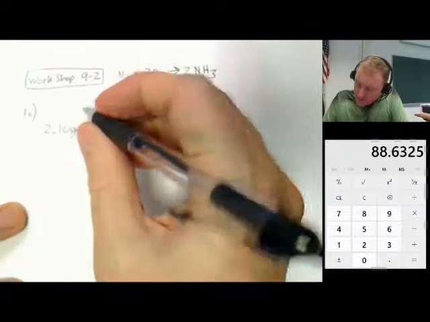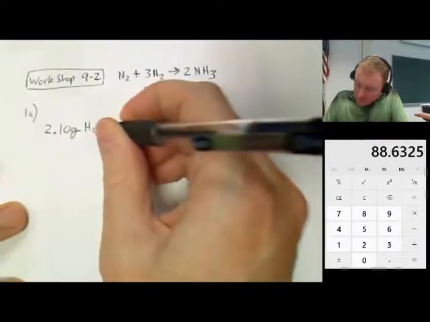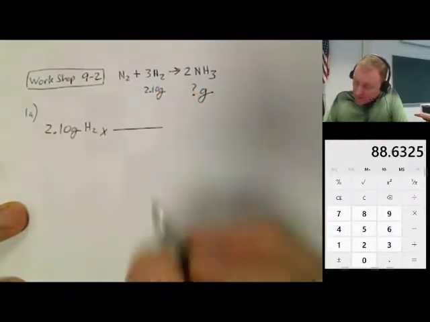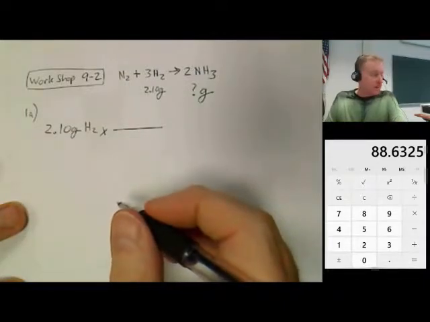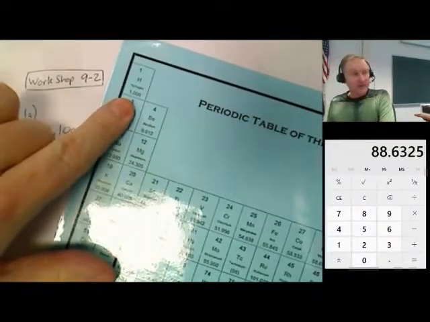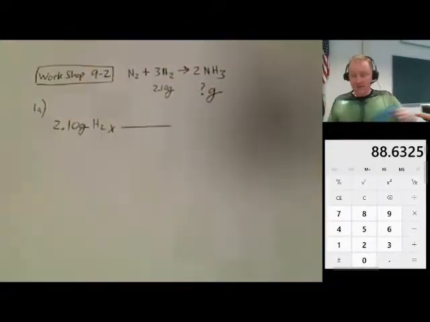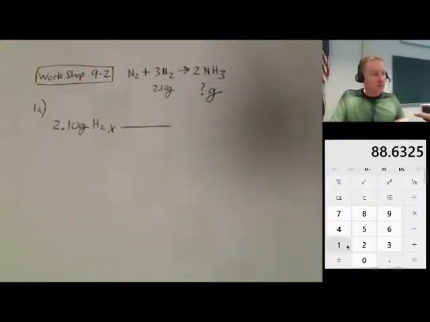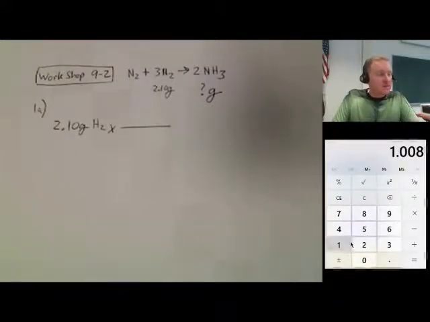2.10 grams of hydrogen. We're going to convert grams of hydrogen into moles of hydrogen using the molar mass of hydrogen. On the periodic table, the molar mass of hydrogen is 1.008. So we're going to say 1.008 times 2, because there are 2 hydrogens in the formula for hydrogen.